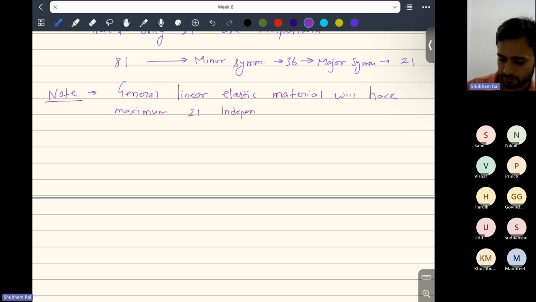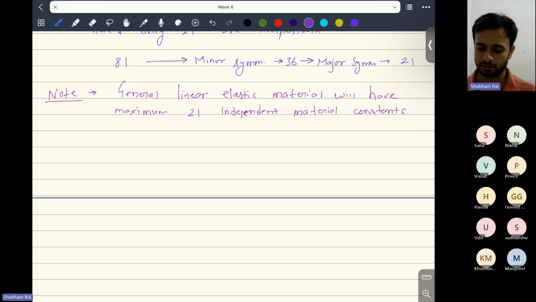So we'll have 21 independent material constants, because this elastic constitutive matrix depends on the material and it will be different for different materials. That's why we are saying that a general linear elastic material will have 21 independent material constants.